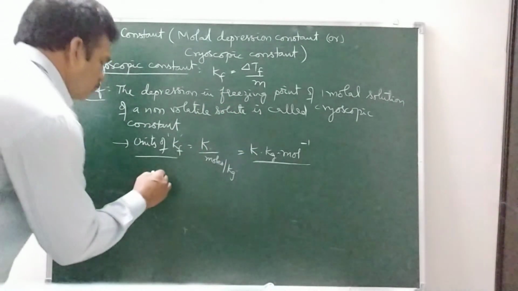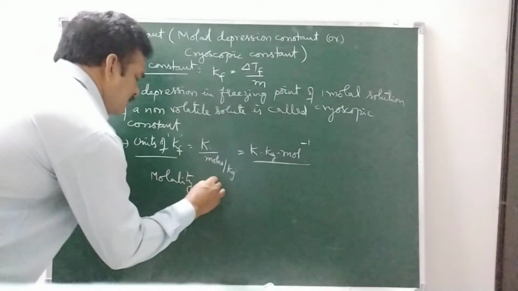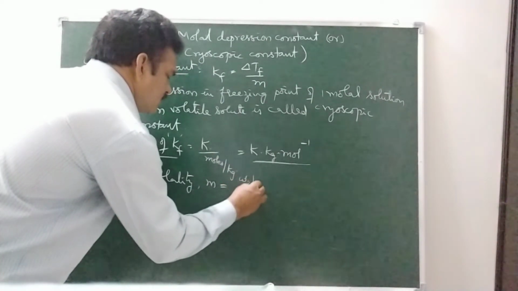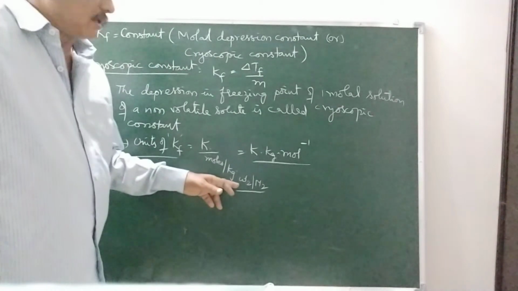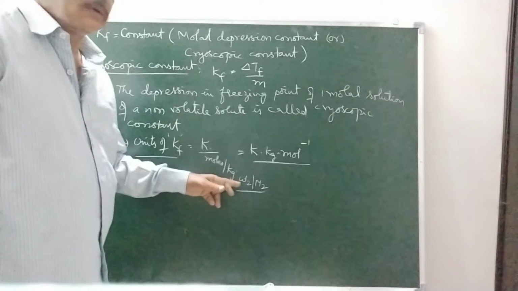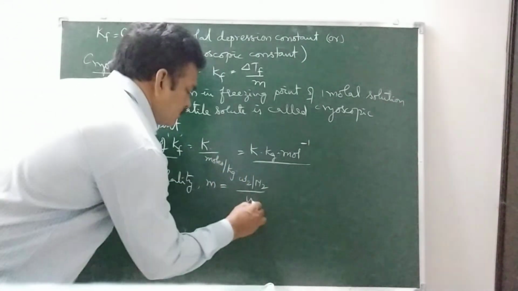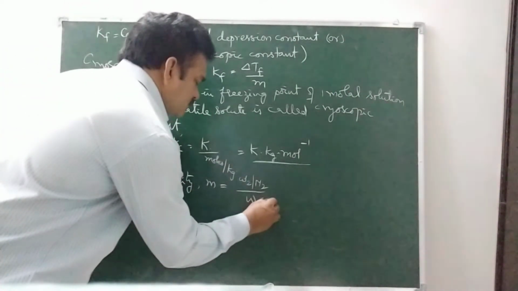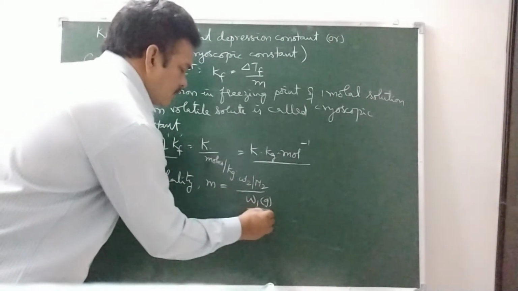Molality m is equal to the number of moles of solute, that is W2 by M2, where W2 is the weight of solute and M2 is the molecular weight of the solute, divided by the weight of solvent, say W1 in grams, but we have to take it in kgs, so by 1000.